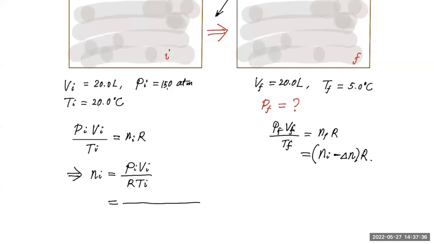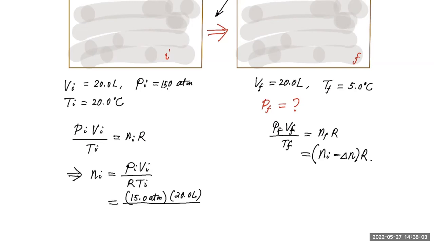P is given in this case in ATM, so you can convert to Pascal if you want to, but we can keep it in ATM for now. V is 20.0 liters. You notice I've written down the units explicitly. Usually I don't do that in the middle of the calculation, but I want to here because R has different choices of units.